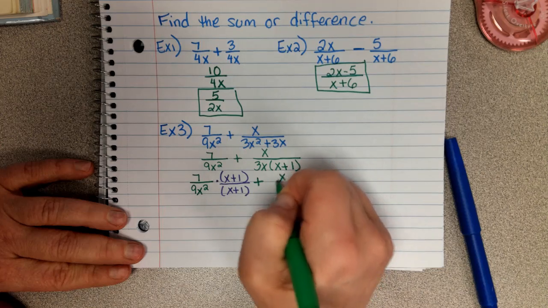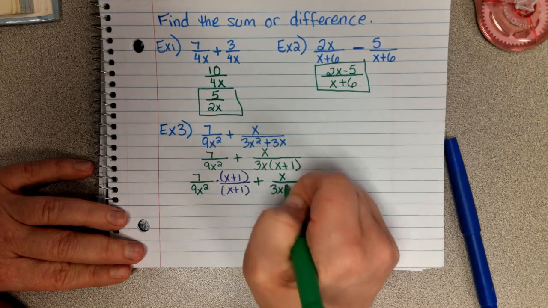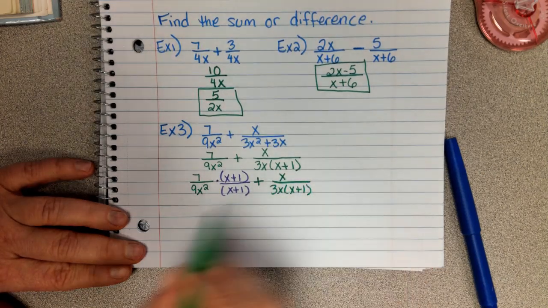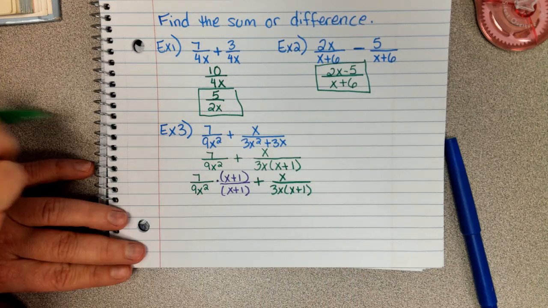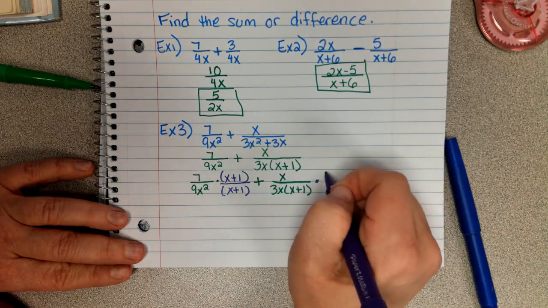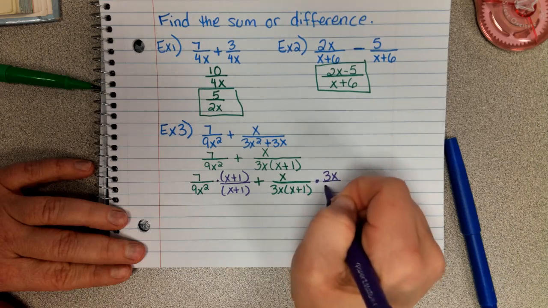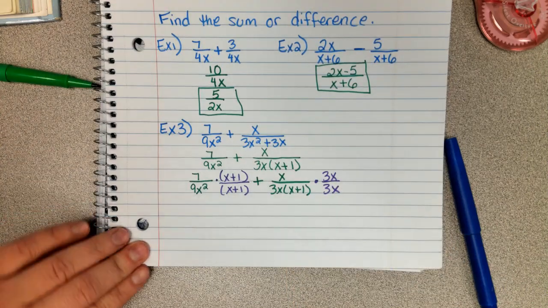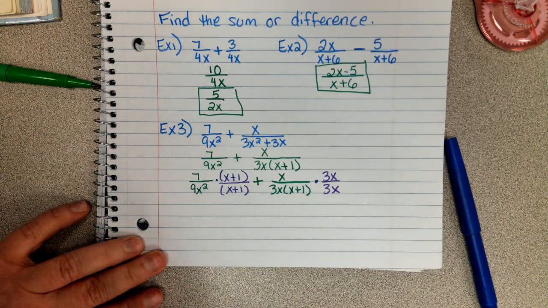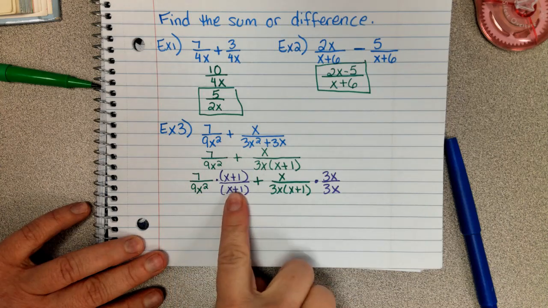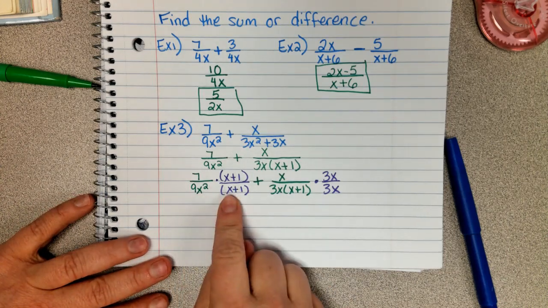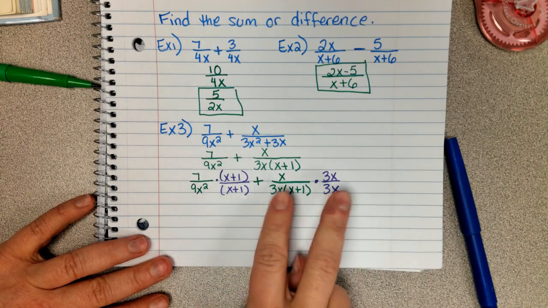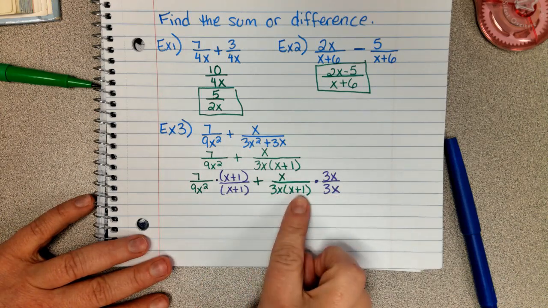And then here, let's see who's missing over here. I need this to be the same as this. They both have an x plus 1. They both have a 3x, but this needs another 3x. So 3x over 3x. Now, what that's going to do is make this denominator 9x squared times x plus 1. And now this denominator is also 9x squared times x plus 1.